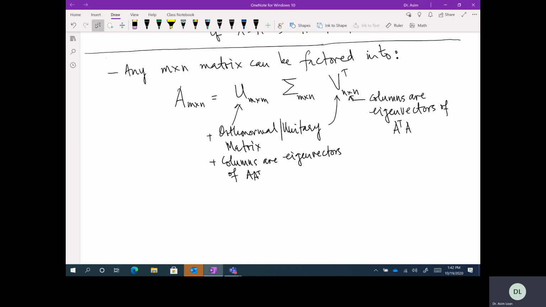And I'll tell you what the simplest thing is here, and where this sigma, m by n, equals like this.